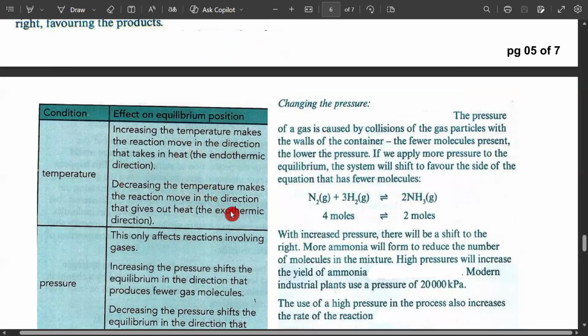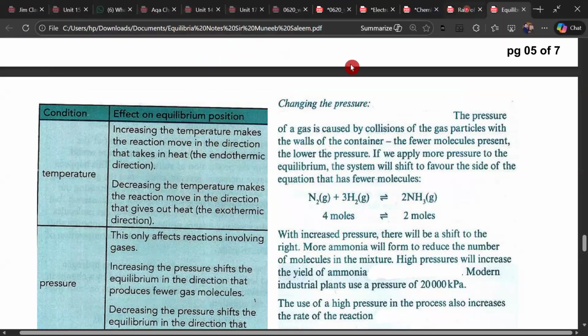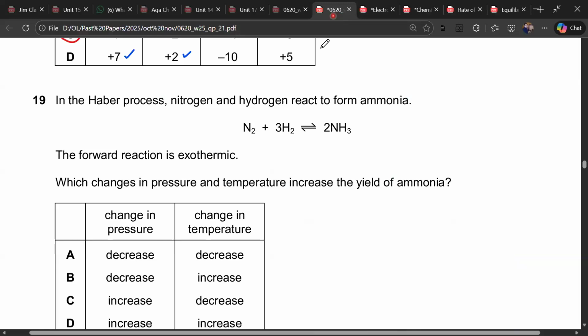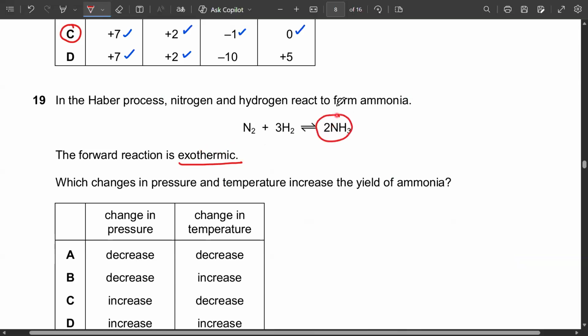So this is the only factor which you have to remember, which you can apply on all the other combinations. So I will take it to the question. The reaction is exothermic, and we have to increase the amount of the ammonia.